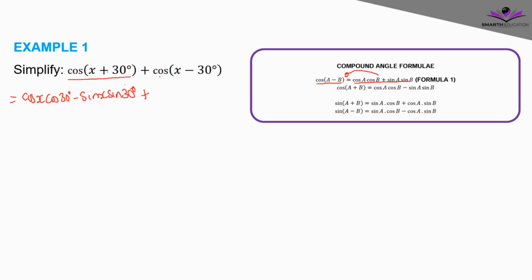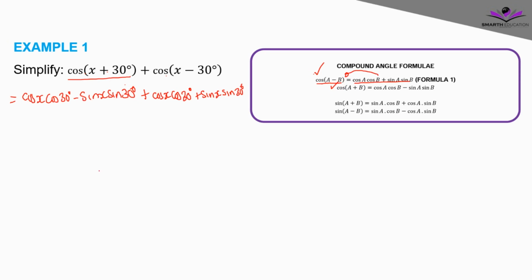This one is going to be cos x cos 30° plus sin x sin 30°. We're using the compound angle formula for each. So it's going to be cos x cos 30°, then plus sin x sin 30°.